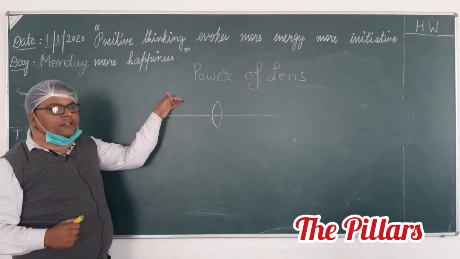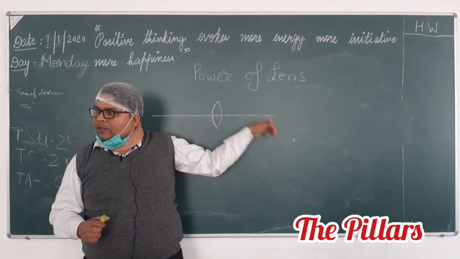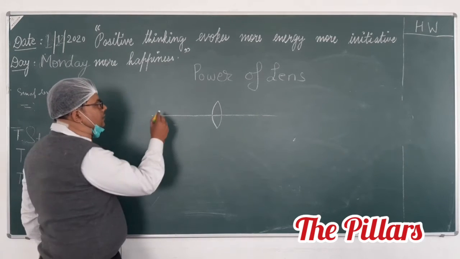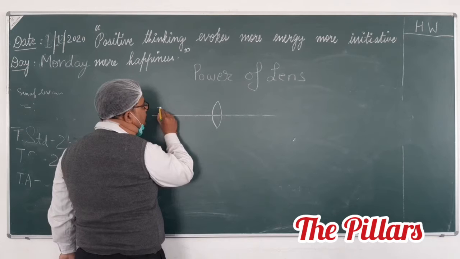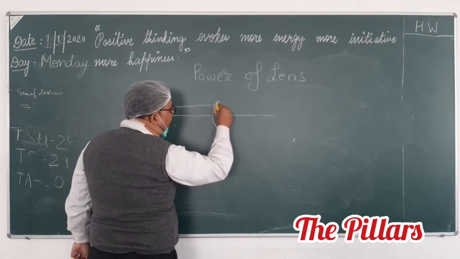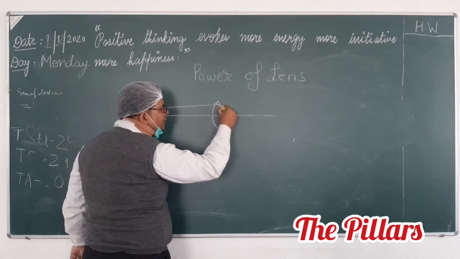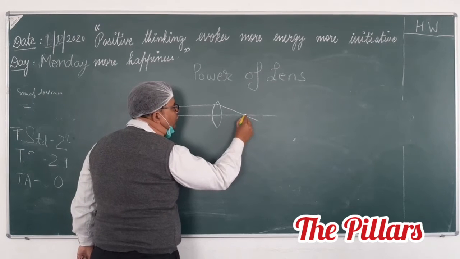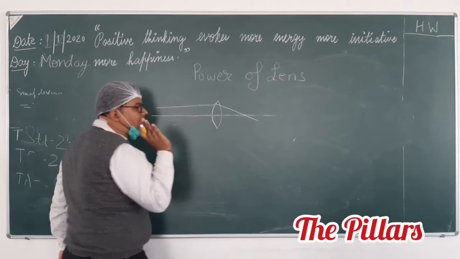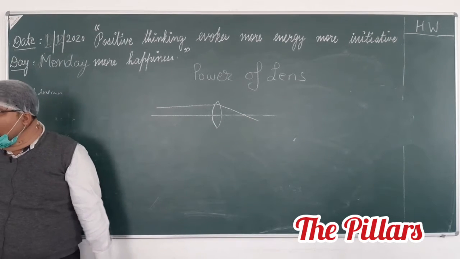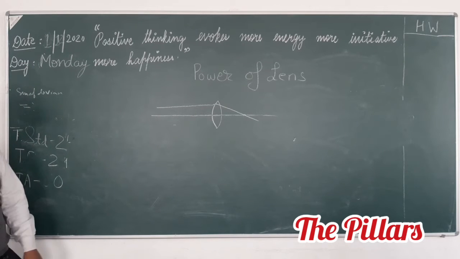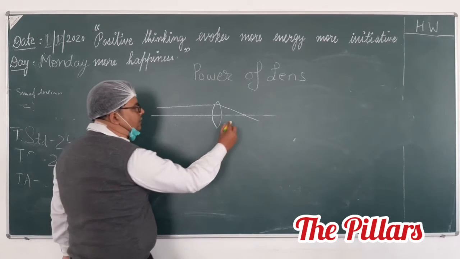Any parallel rays will try to converge. Where a para-axial ray converges, or intersects the principal axis, is called the focus of this convex lens.